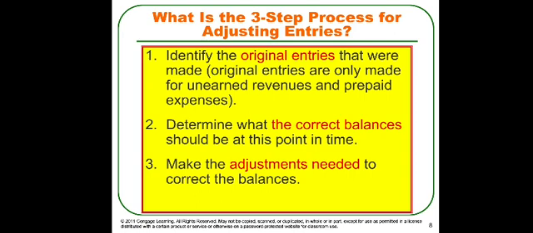The second step is you have to determine the correct balances that should be at the specific point in time. And number 3, then you can do the adjusting entries by following the correct balances, and you do the adjusting entries in the form of journal entry.